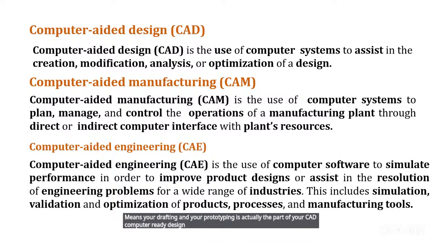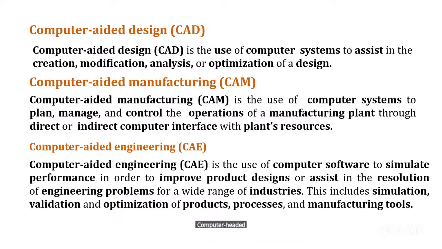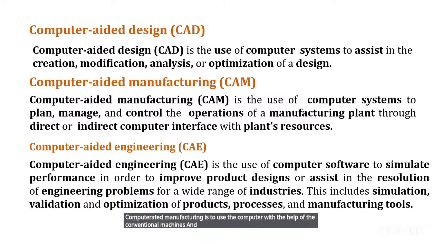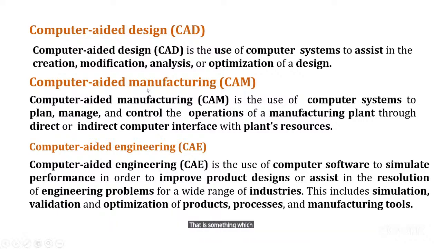Then comes the CAM, computer-aided manufacturing, which is to use the computer with the help of the conventional machines to get the desired output. That comes under the manufacturing part. Maybe you have heard about CNC machines, that is computerized numerically controlled machines. That is something which comes under CAM, computer-aided manufacturing.